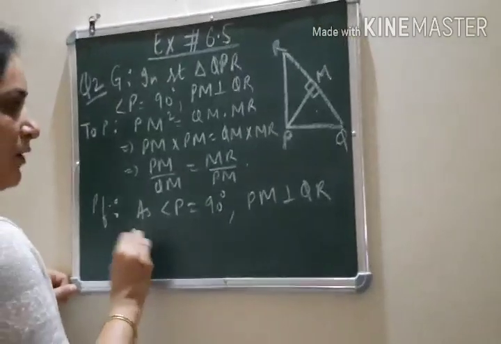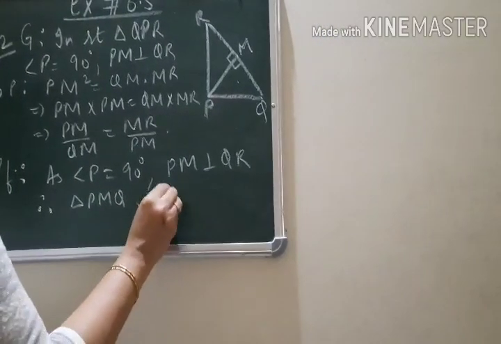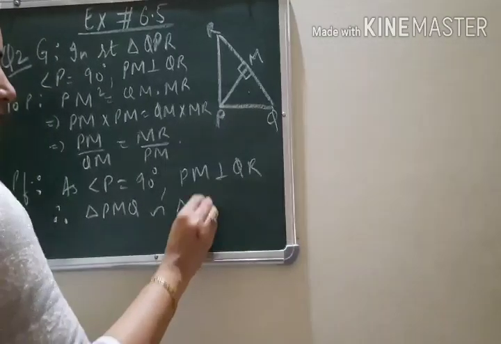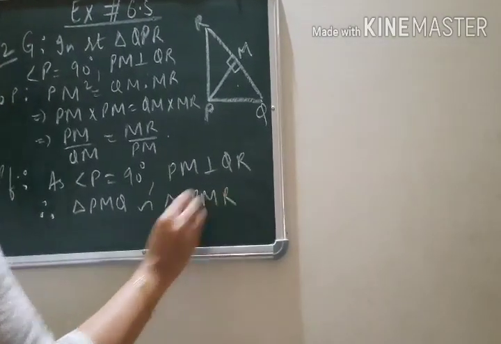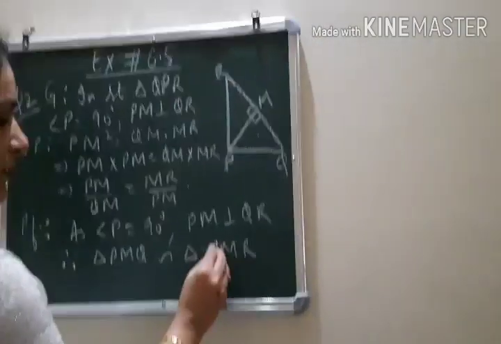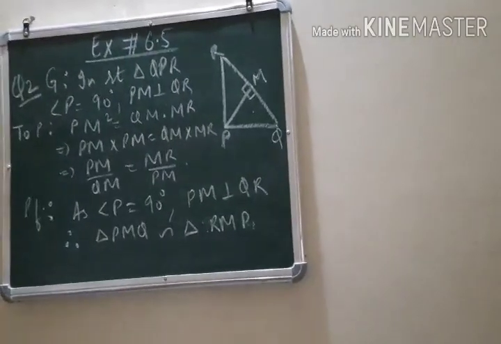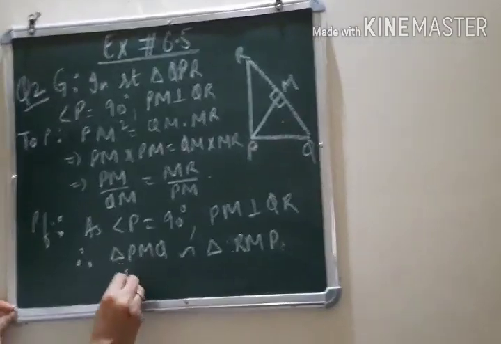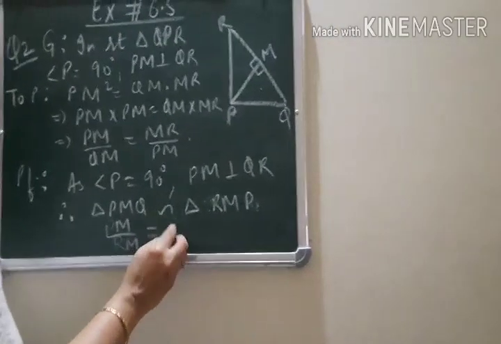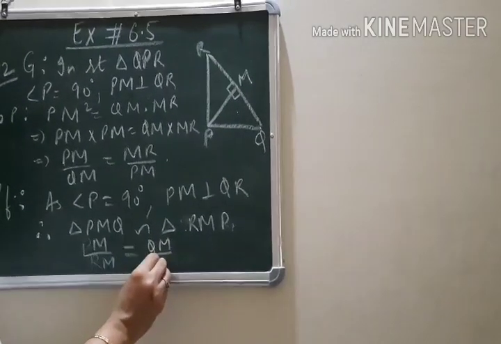Therefore, you can write that triangle PMQ is similar to triangle PMR, or you can write RMP. Okay? So, if they are similar, you can write PM upon RM is equal to QM upon PM.